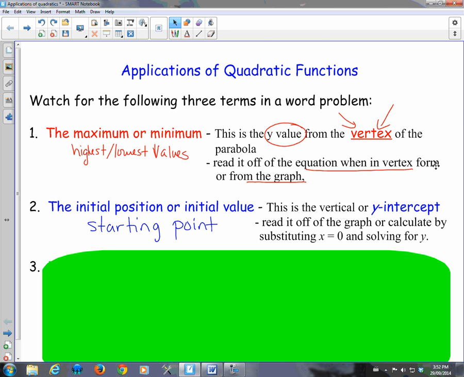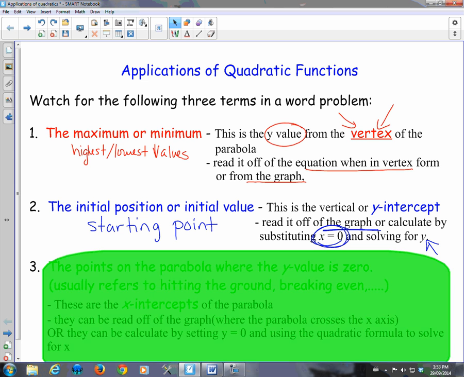You can literally look at the graph and see where it crosses the y-axis, or if you don't have a graph, put 0 in for x and calculate the y number. So maximum or minimum is the y number from the vertex. Initial position or initial point is the y-intercept. Put 0 in and calculate how much it is, or look at the graph.